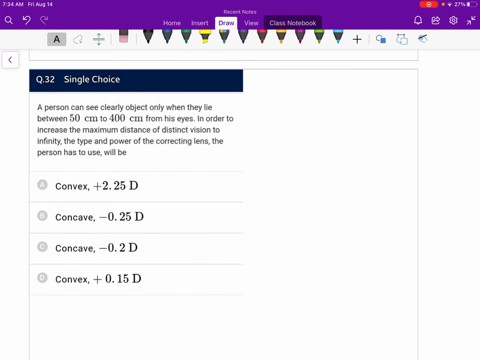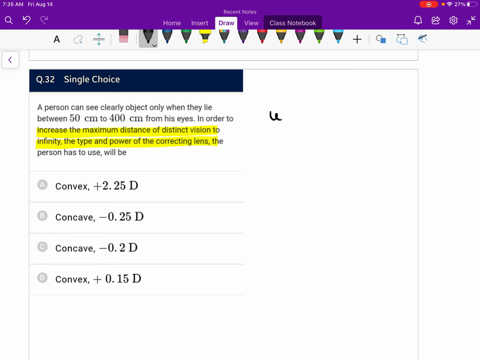A person can see clearly only objects that lie between 50 and 400. So in order to increase the maximum distance of distinct vision, the maximum distance of distinct vision should be infinity, and presently it is at 400 centimeter. So the lens should be such that the image of an object located at infinity should form at 400 centimeter.